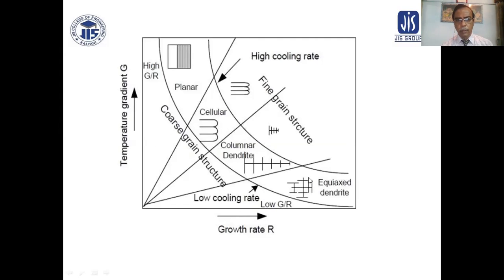These are the four modes: planar, cellular, columnar dendrite, and equiaxed dendrite.